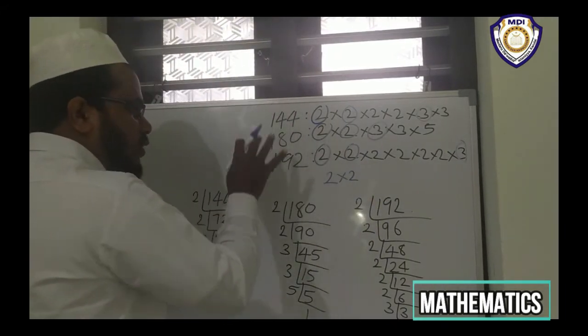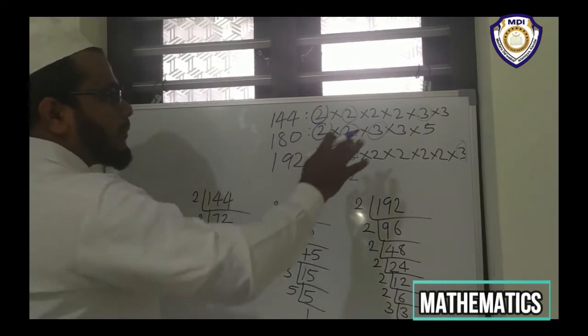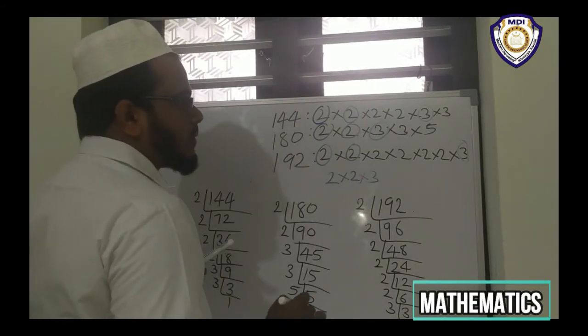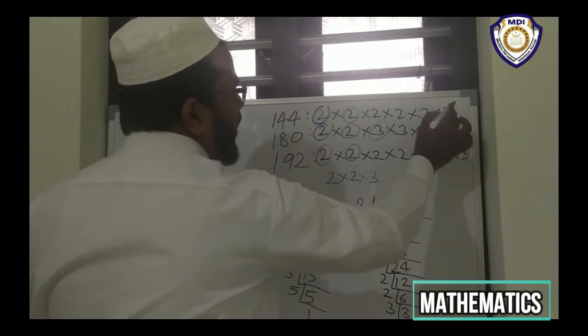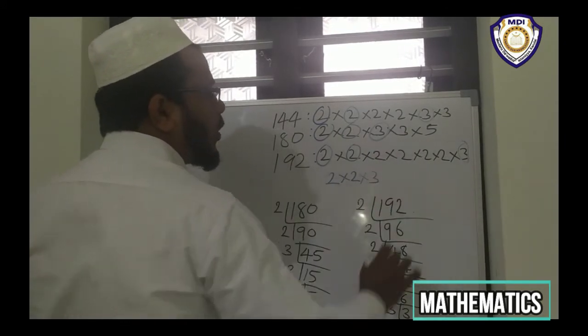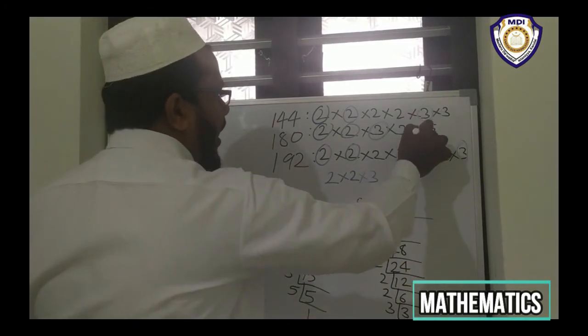These 3 numbers include 3 as a factor, so we can select 3. Next, is there another 3? Here 3 and here 3, but here no other 3. Okay, then 5.